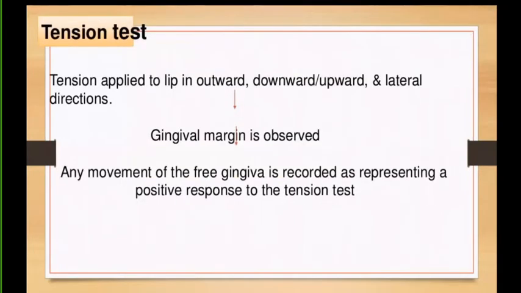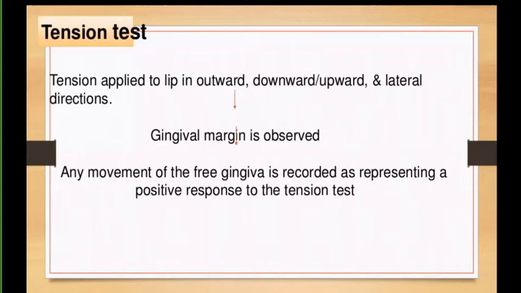Then there is one more test called the tension test. What is the tension test? You just hold the patient's lower lip and pull it outward, downward, and in a lateral direction, and you see whether the gingival margin is moving or not. If it is moving, then the attached gingiva is inadequate.